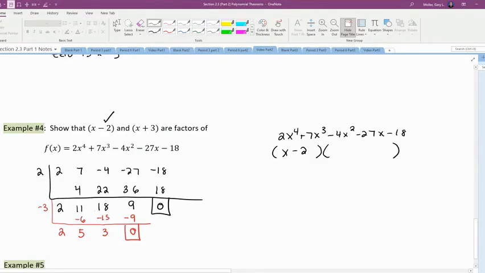So it would be 2x cubed plus 11x squared plus 18x plus 9. And then I said, all right, let's factor this down further. So I divided it by x minus 3 and turned it into 2x squared plus 5x plus 3. I'll bring this one down.